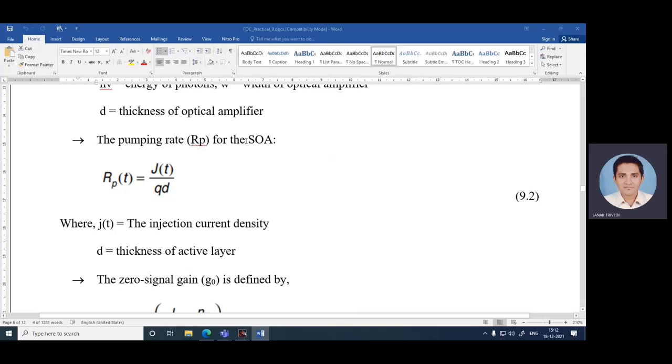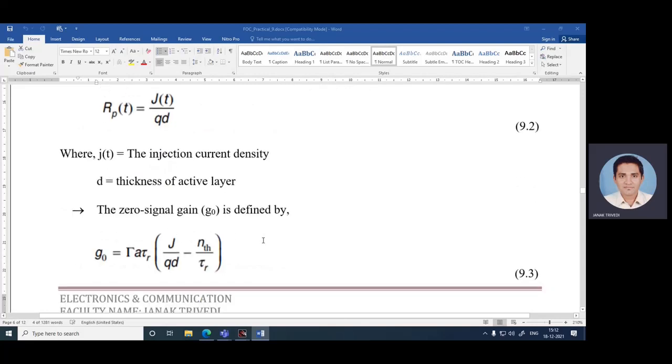The pumping rate for the SOA, Rp, is equal to J(T) divided by qd, equation 9.2, where J(T) is the injection current density and d the thickness of active layer.